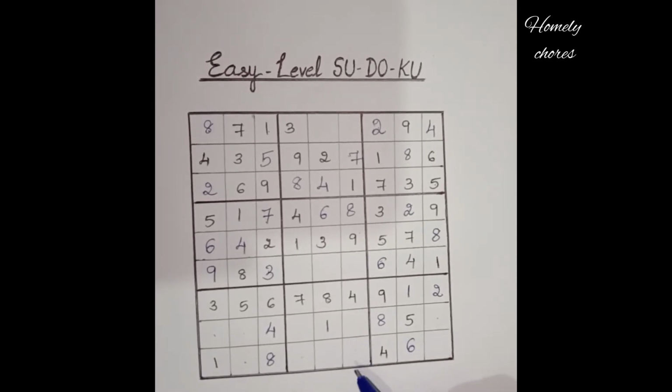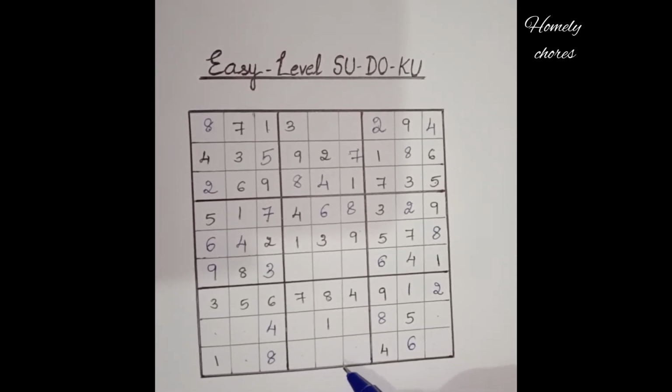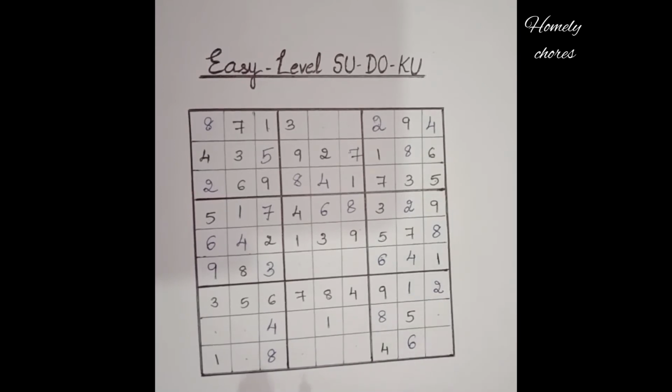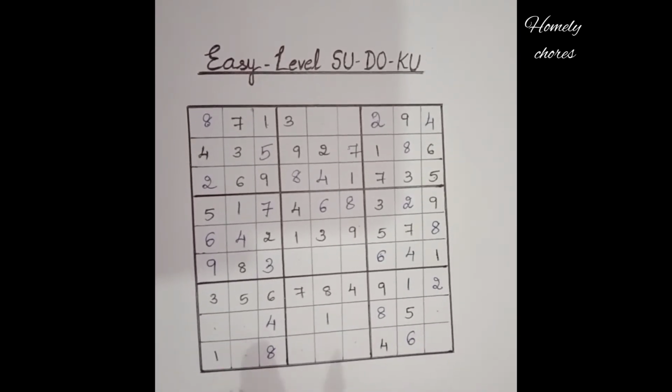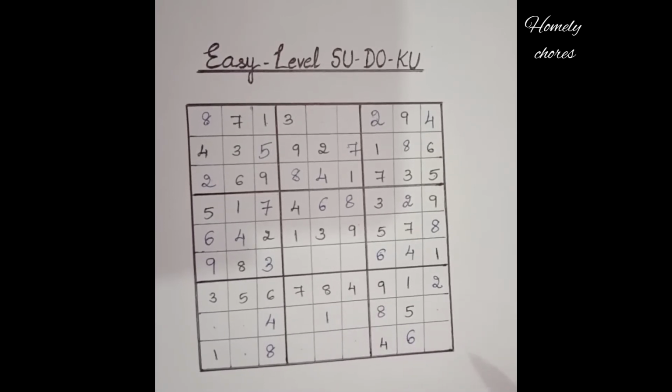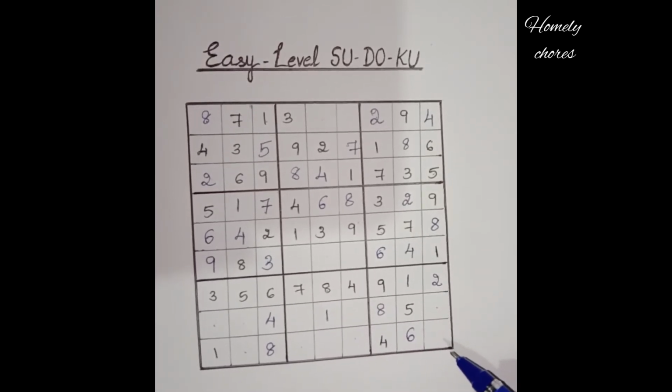Now again, I am using elimination method. Like this, you can use elimination method and the boxes to fill, elimination method and the boxes to fill, consequently to fill all the boxes.